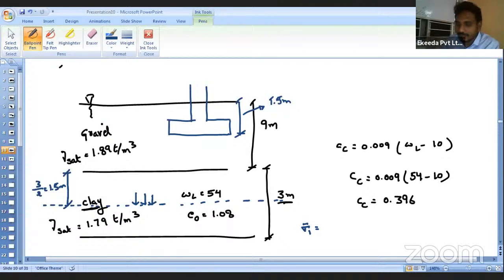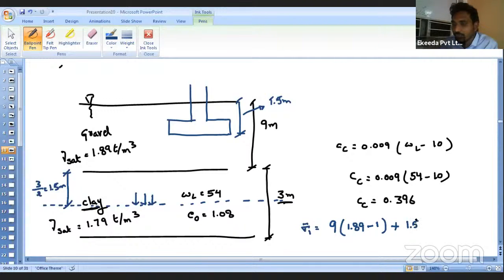As it is completely saturated, we have to take the effective stress. Effective stress means gamma saturation minus gamma w. So what is the effective stress because of the gravel? The thickness given is 9 meters, so 9 into gamma saturation 1.89, minus gamma w, in terms of tons per meter cube, 1. Plus we have to consider up to half of the thickness, that is 3 by 2, which is 1.5.